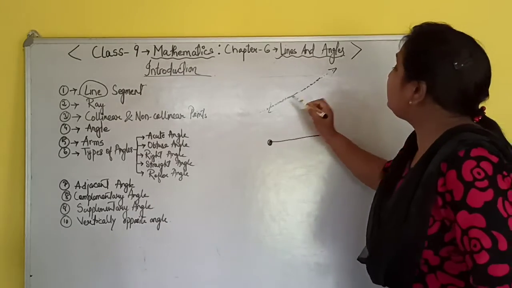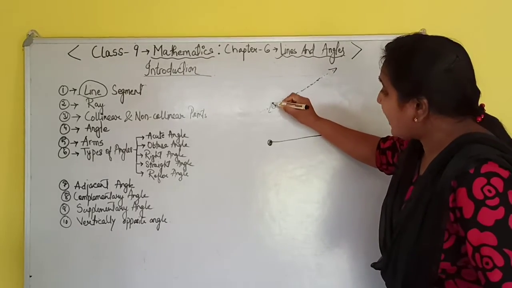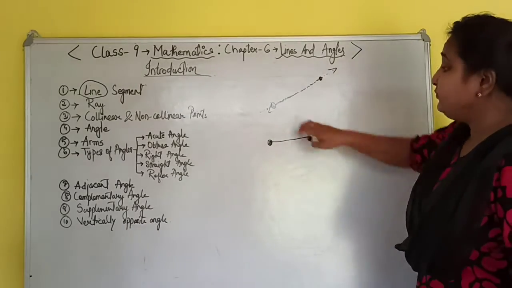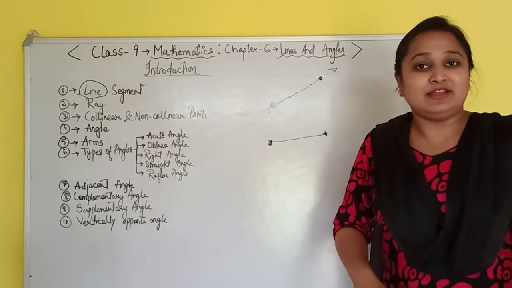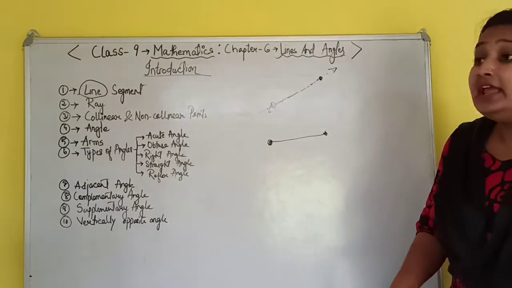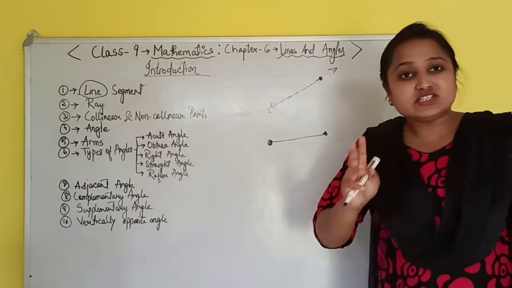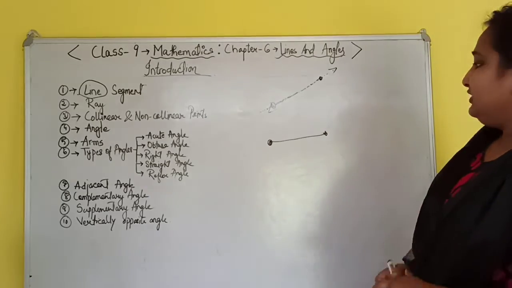Suppose I select only 2 points of this line, from this point to this point. It is known as a line segment. So the definition of line segment: a line which has 2 endpoints is known as a line segment.